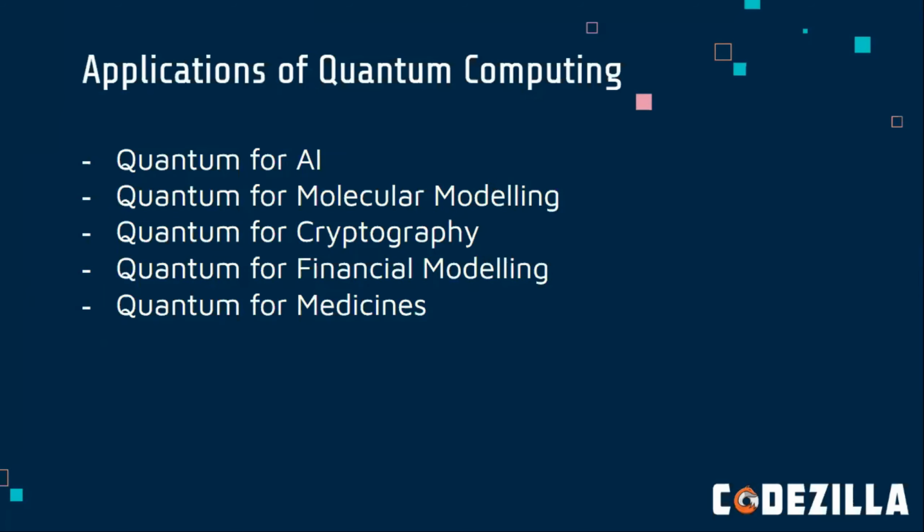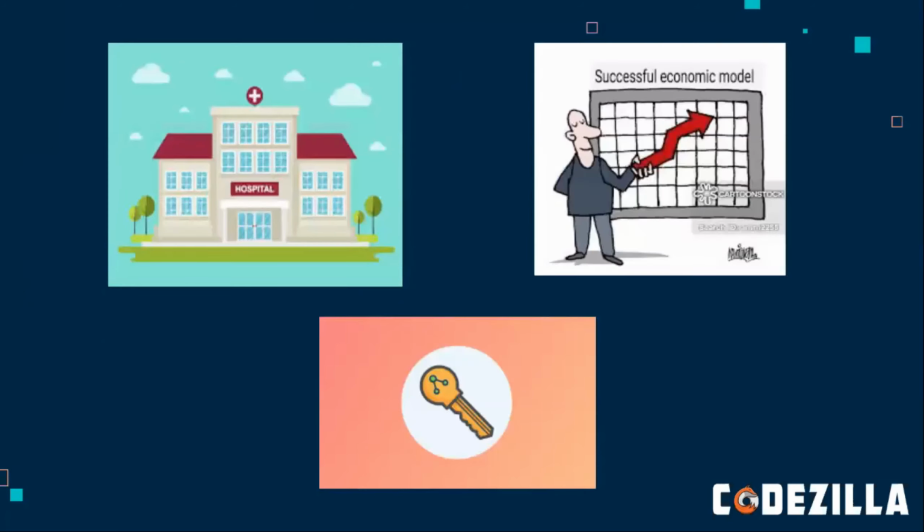Let's look at some of the applications of quantum computing. Quantum can be used for AI, for molecular modeling, for cryptography, for financial modeling, and for medicines. We will look into some of these topics very briefly. Quantum computing could lead to the discovery of new medicines and materials. How? By helping us untangle the complexities of molecules and the chemical interactions between the molecules.